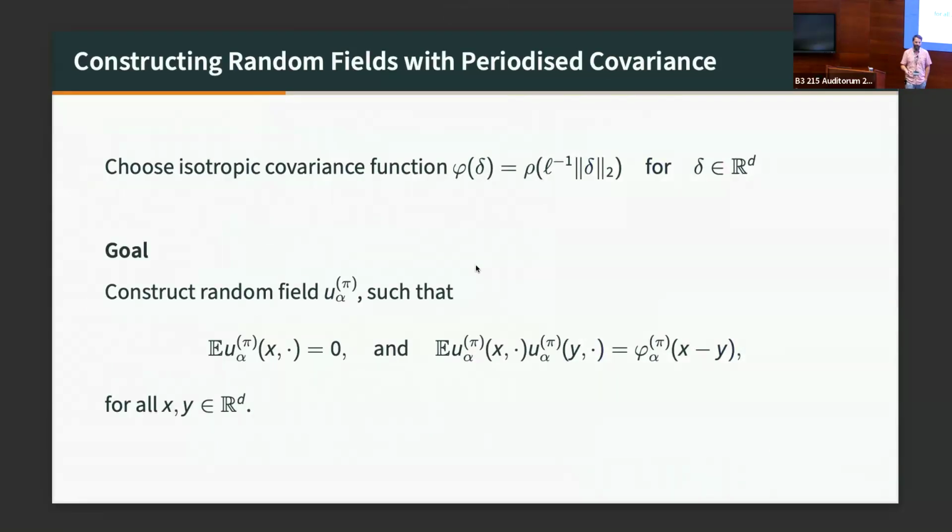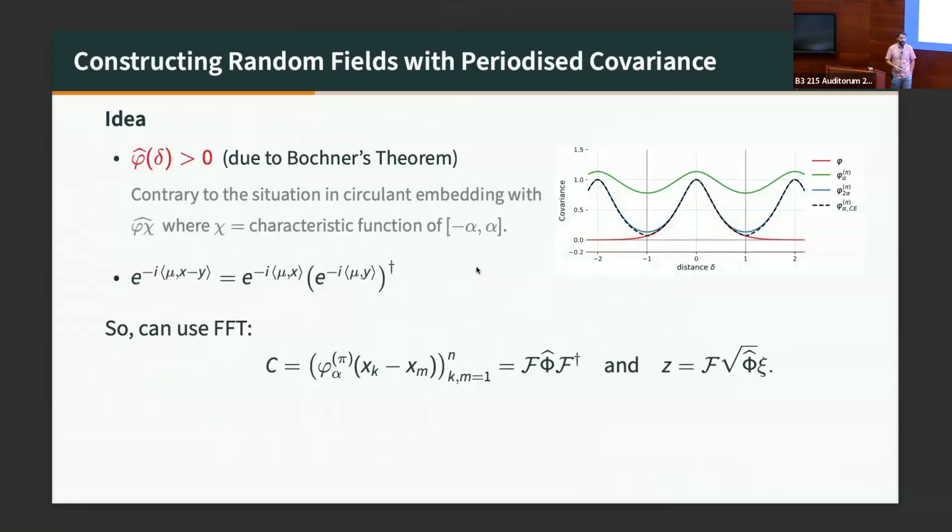And I'm going to construct a random field that has the same mean as our original field, for simplicity 0. And the covariance structure now is not phi anymore, but phi alpha periodized. And the nice thing in comparison to circulant embedding is that by Bochner's theorem, we automatically get that this is positive definite. So we don't need any embedding. We have a periodic function, so we can use FFT, no worries.